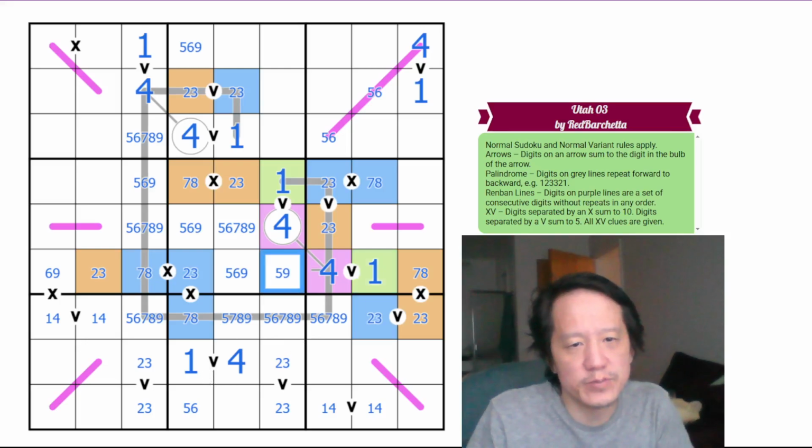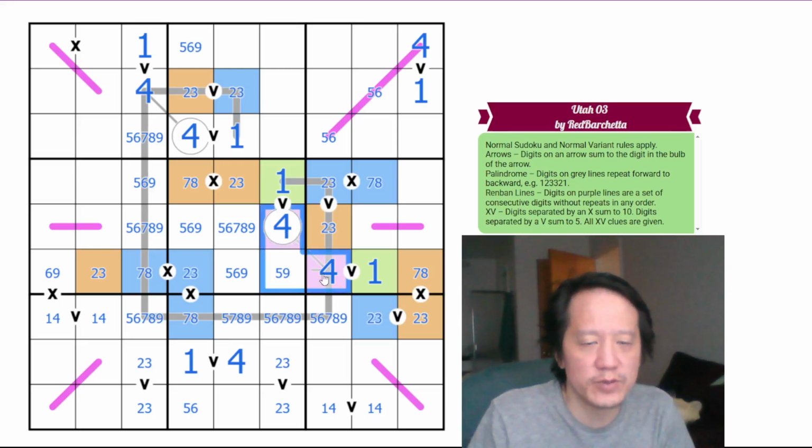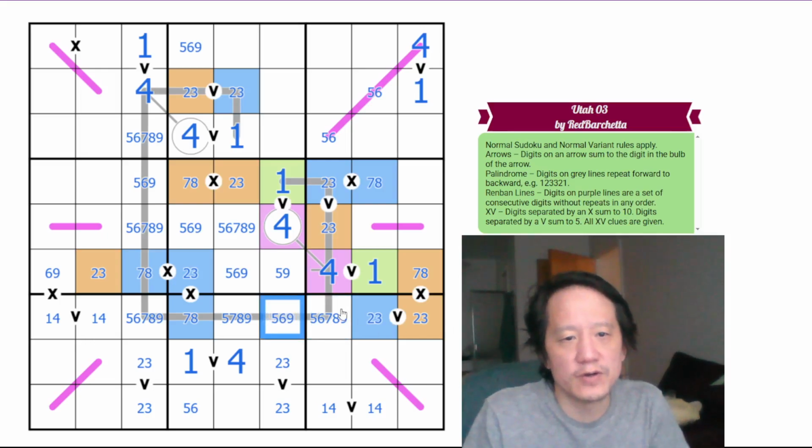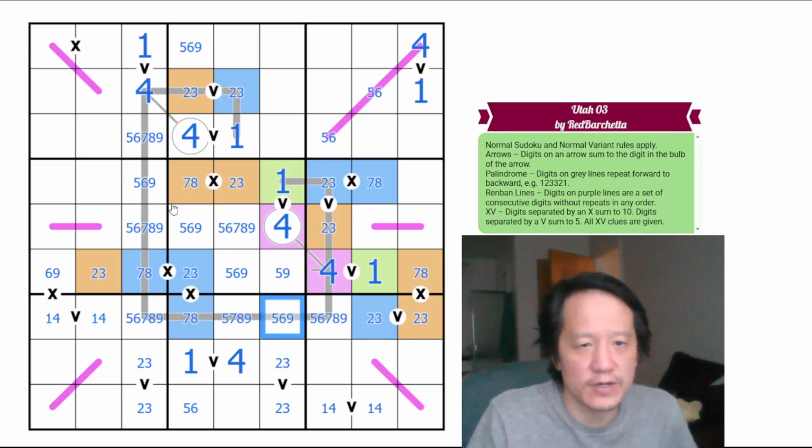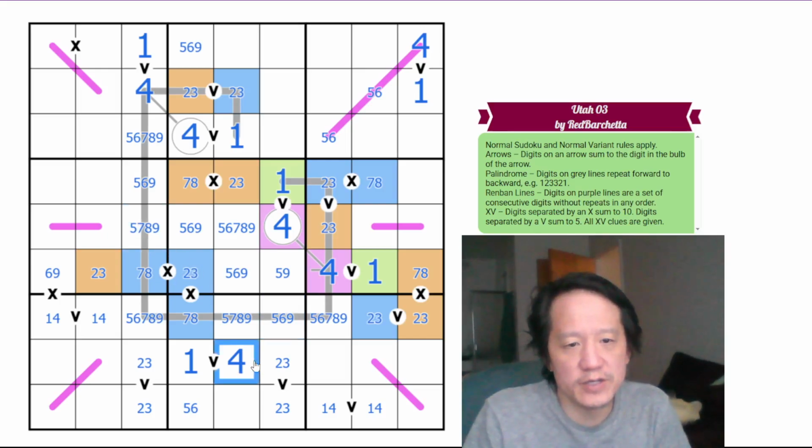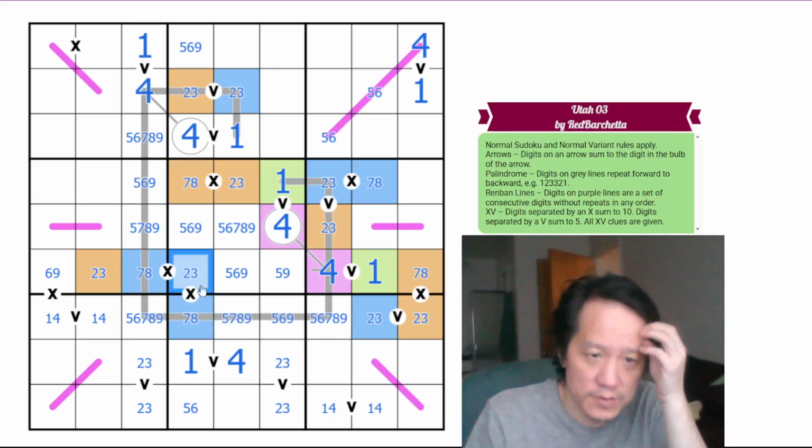This can no longer be 6 here because there would have to be an X in between these. This can't be 7 or 8 because this can't be 7 or 8 and it's a palindrome. This can't be 6 because it would be next to a 4 here, and these are the same digit.